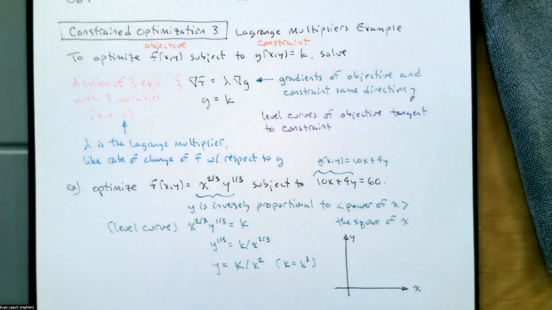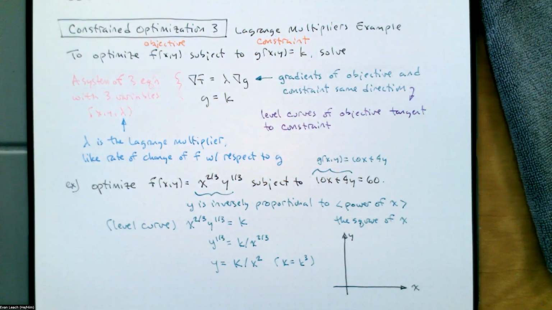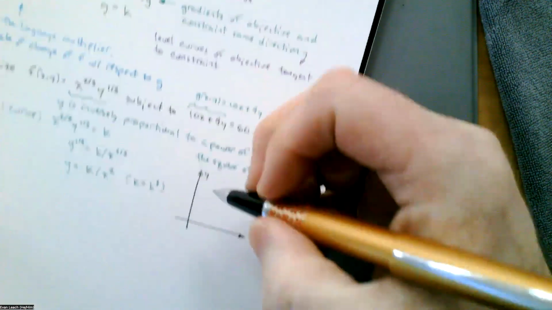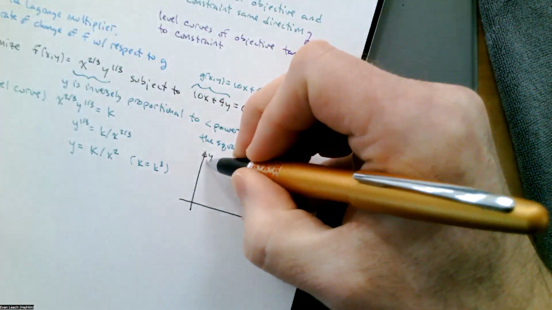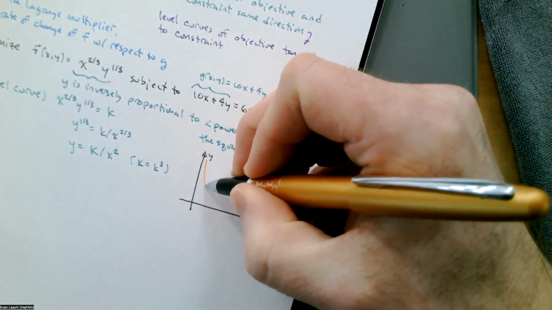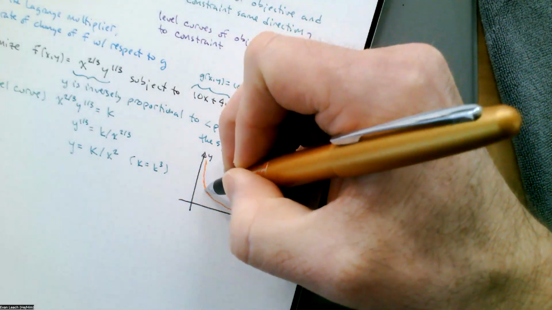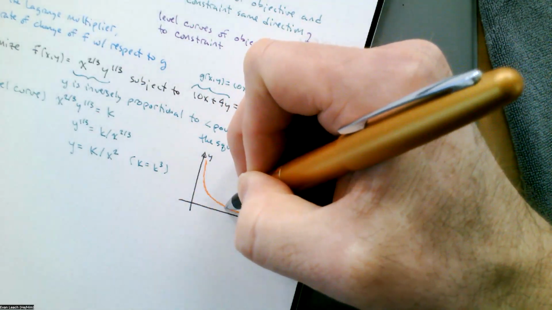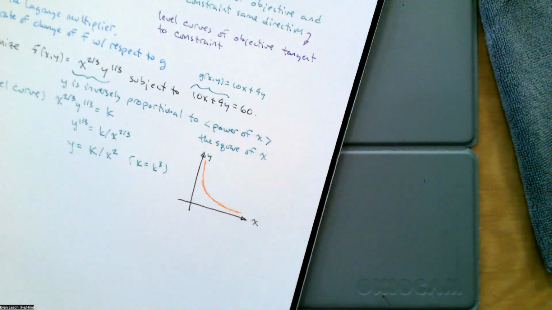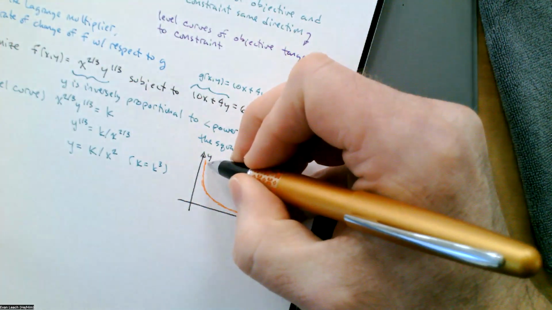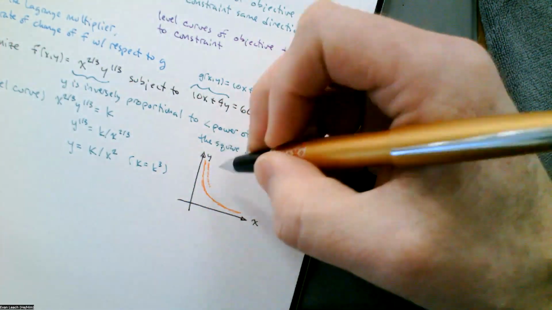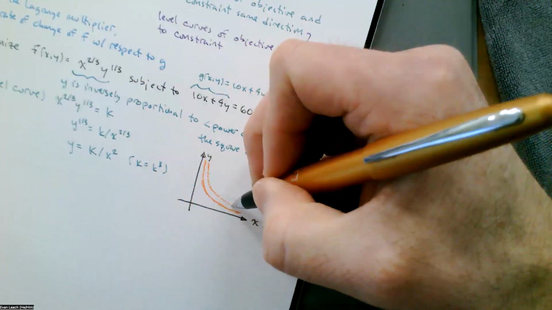So our level curves will all look like variations of a 1 over x function.